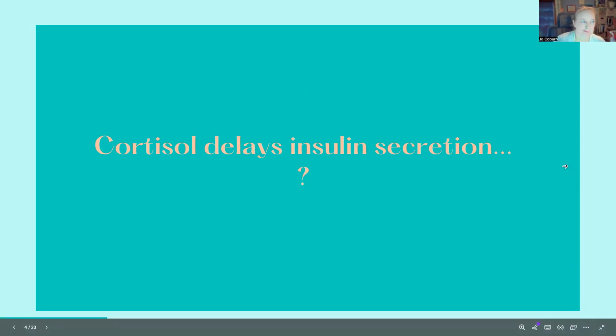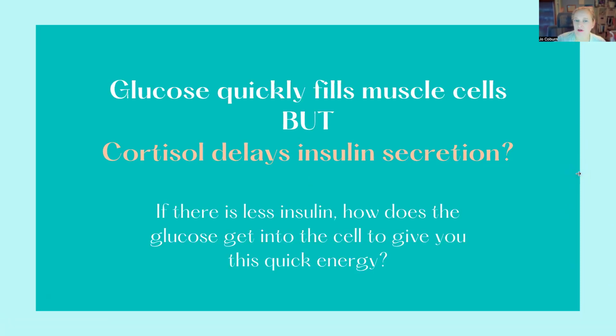So glucose quickly fills muscle cells. Cortisol delays insulin secretion. So if there's less insulin, how does glucose get into the cell to give you quick energy?